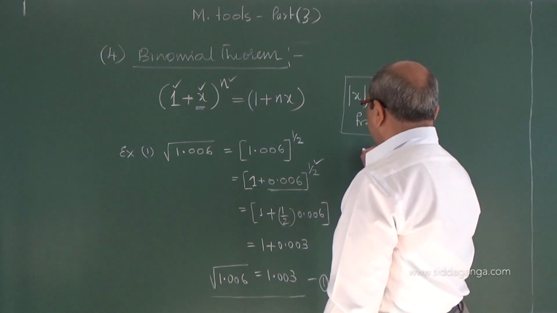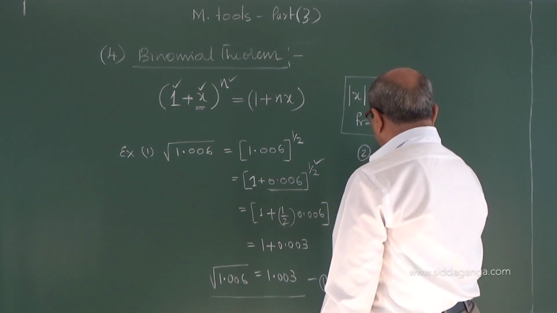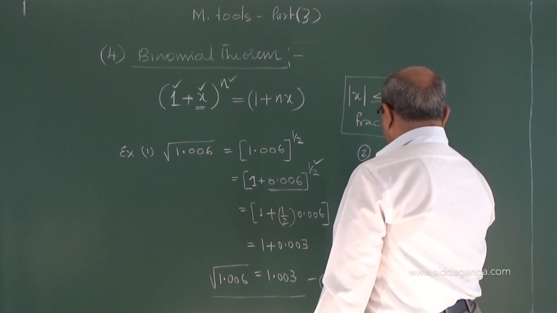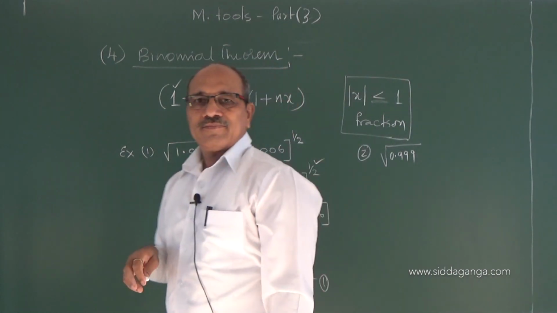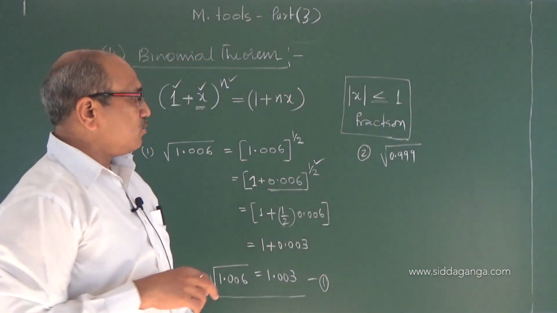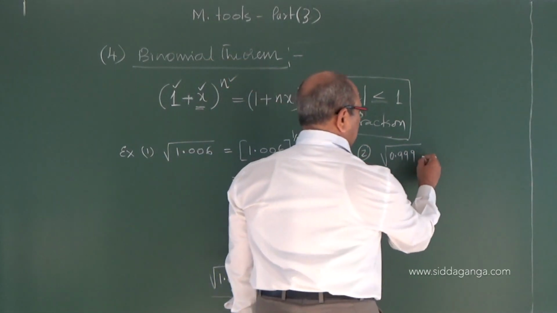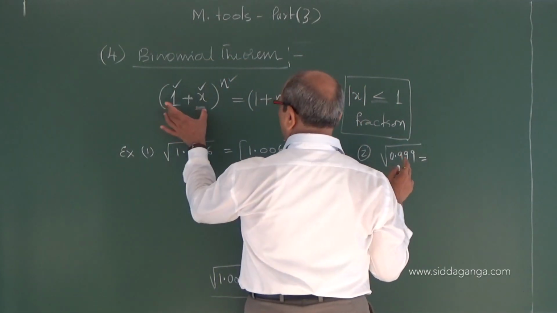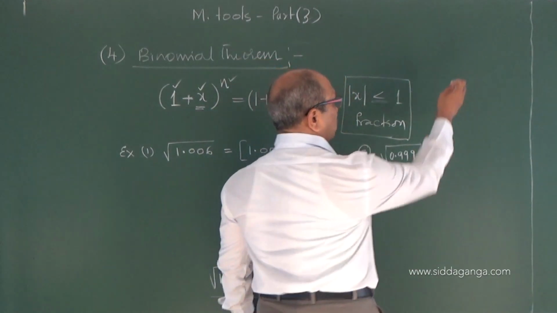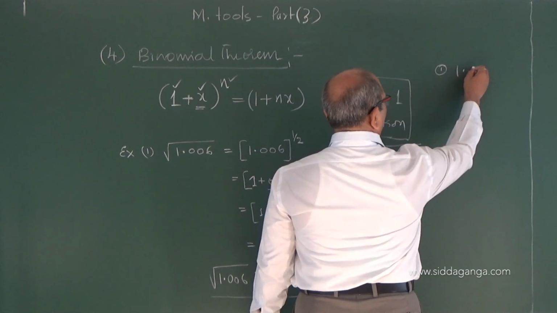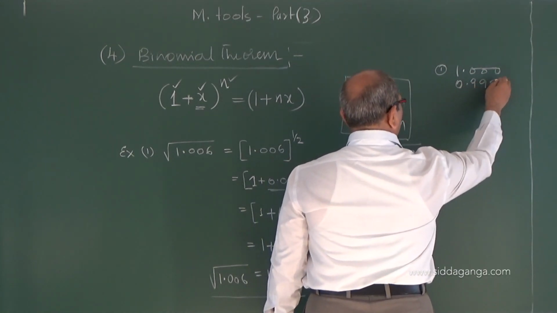Let us take the second one. For example, given the root of 0.999. What is the square root of 0.999? In this case, to write this in the form of this, we want 1. Therefore, in the first step, from 1 you subtract 0.999.